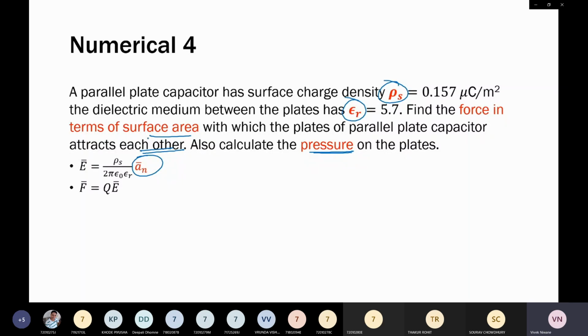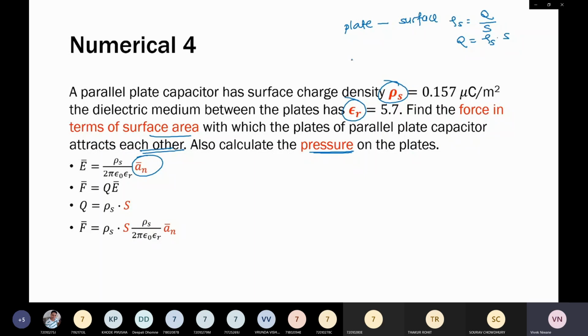Then Q is expressed as rho s into S. Since we are dealing with the plates we will have the surface, and whenever we say surface charge density, that is total amount of charge upon the surface area, or we can say that total amount of charge can be expressed as surface charge density into surface area. So we have to think that way.